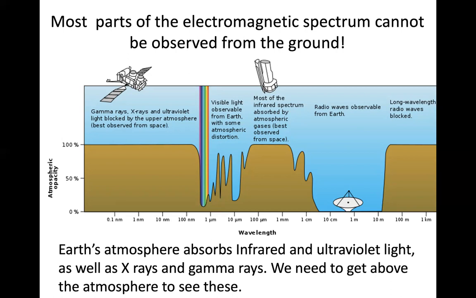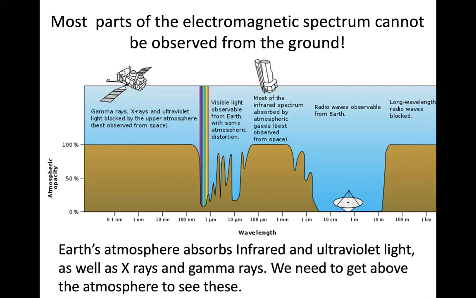But as we go to shorter wavelengths, the opacity of the atmosphere goes up. It basically blocks all the light in the ultraviolet, X-ray, and gamma rays. Now, in some sense, this is good. Ultraviolet light is not great for living things. So we're protected by the atmosphere.